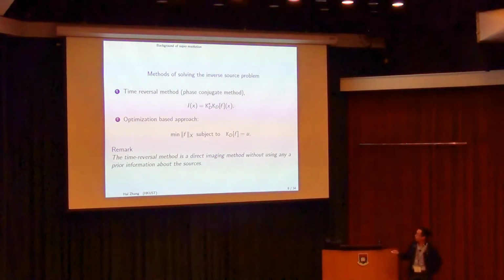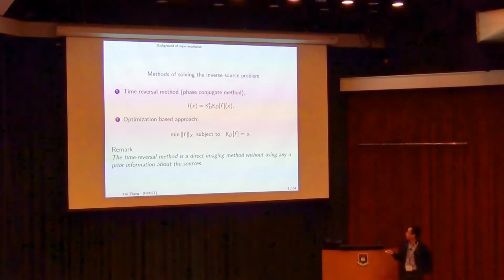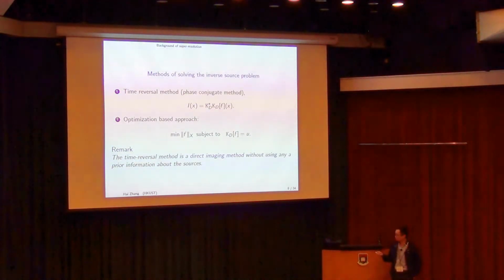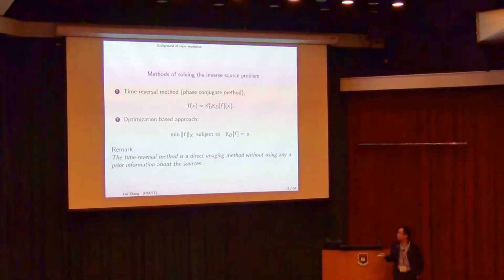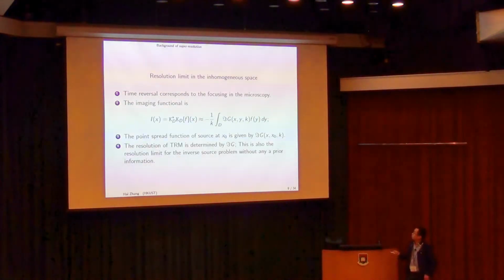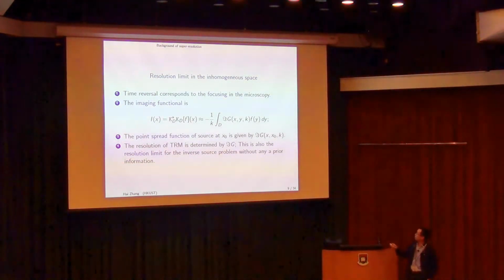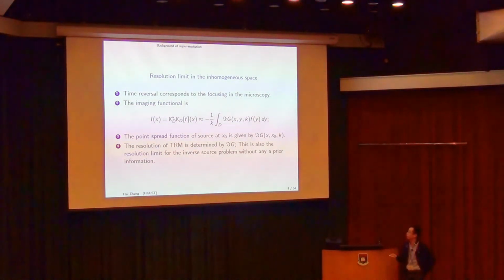The time reversal method is a direct imaging method without assuming any a priori information about the sources. For the optimization-based approach, we have to use a priori information. Actually, the time reversal is in close relation to the focusing step in the microscopy, where the image is formed.